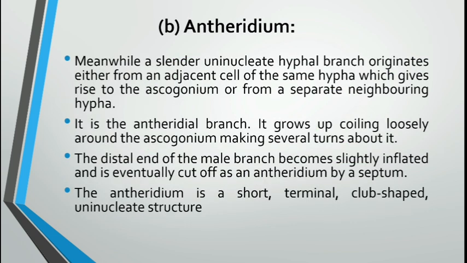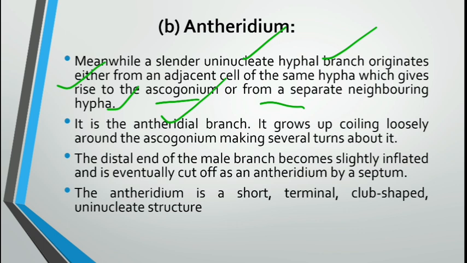Next, antheridium. Antheridium is the male sex organ. It is a slender, uninucleate hyphal branch that originates either from an adjacent cell of the same hypha which gives rise to ascogonium, that means near ascogonium, or from a separate neighboring hypha. It is the antheridial hypha.